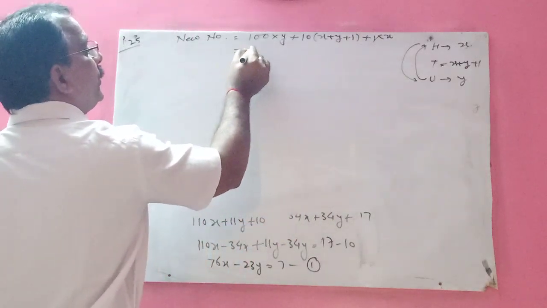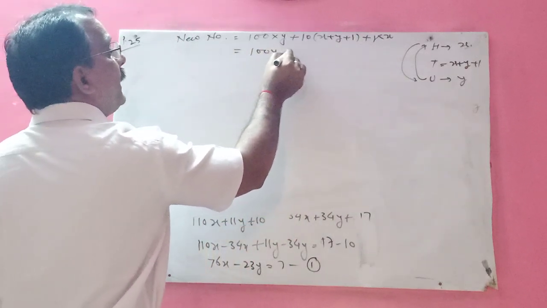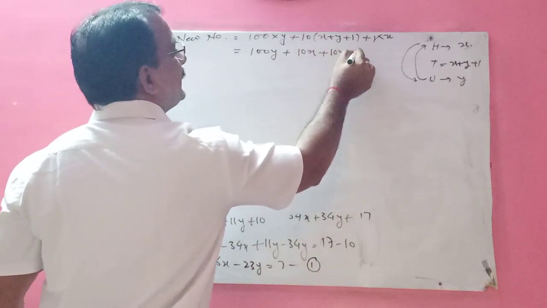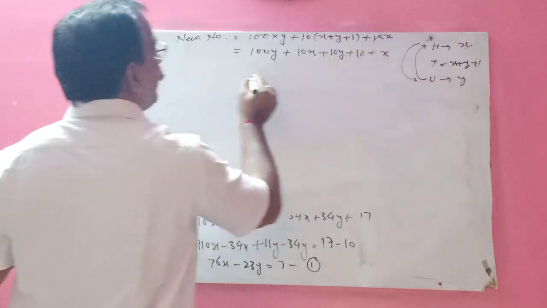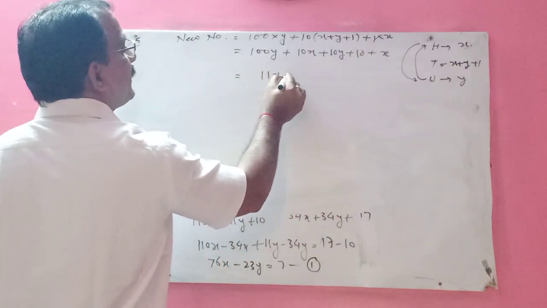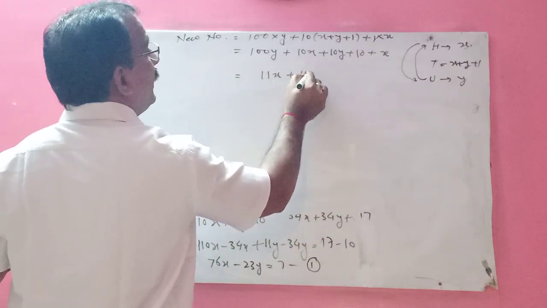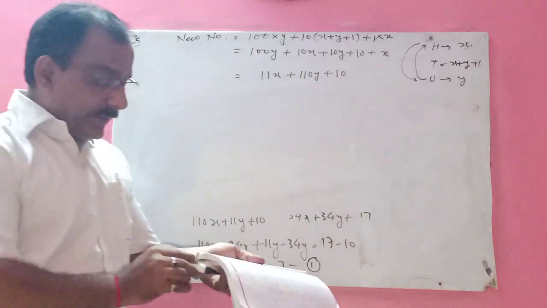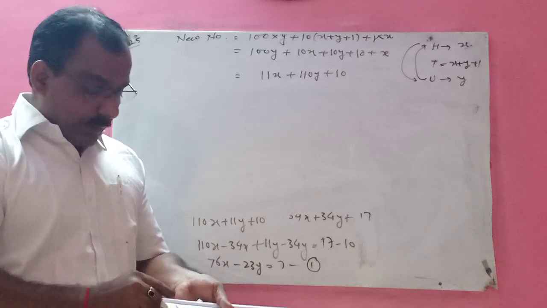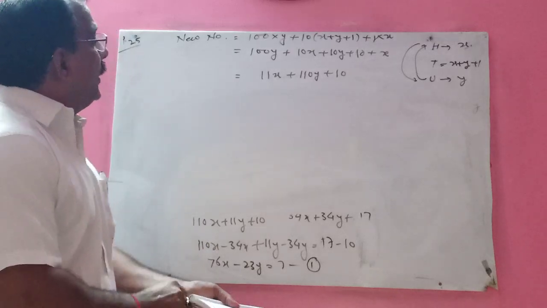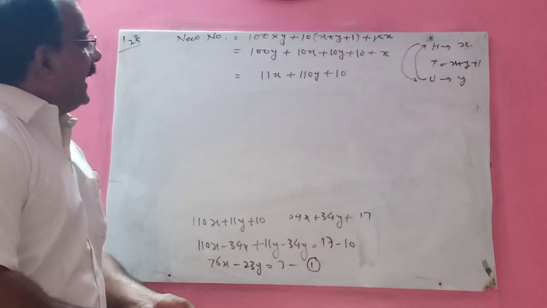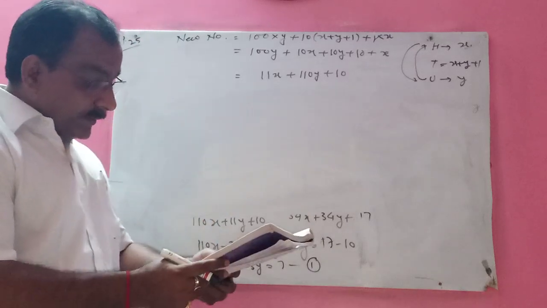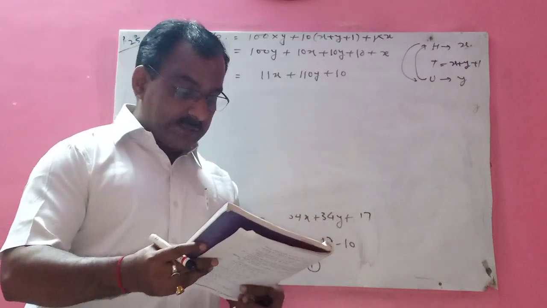So this is equal to 100y plus 10x plus 10y plus 10 plus x, which is equal to 11x plus 110y plus 10. After reversing the digits, you get the new number, 11x plus 110y plus 10.